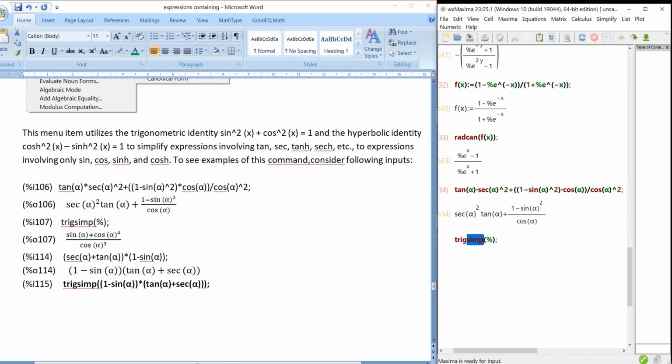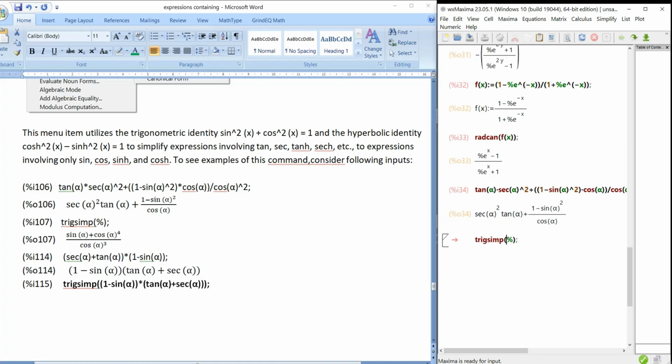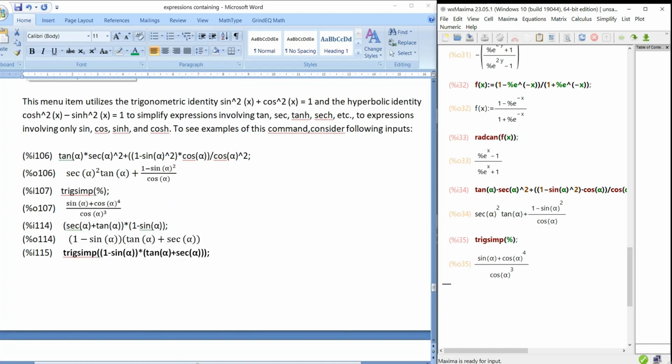Trig stands for trigonometric, simp stands for simplification, and percent stands for what? The output obtained in the most recent position. Most recent output is denoted by percent symbol. Okay, I press shift followed by enter key. This is the simplified expression sin alpha plus cos alpha raised to the power 4 upon cos alpha raised to the power 3.